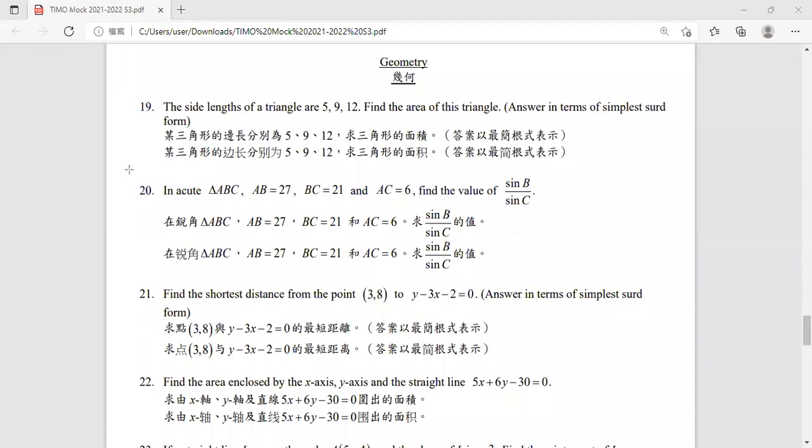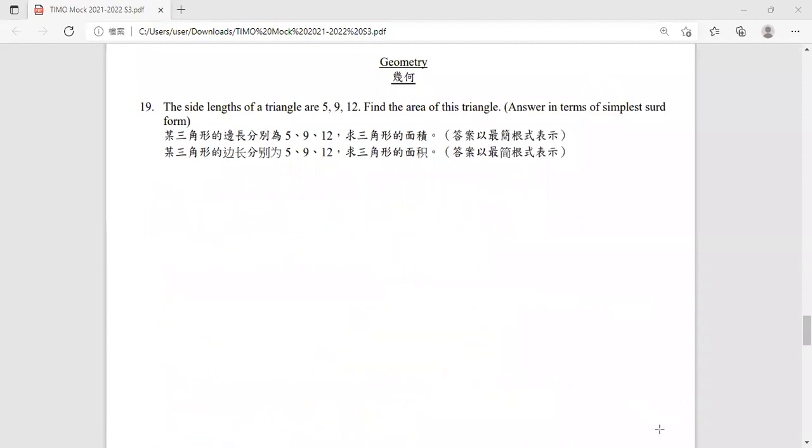Do you know? You use this formula, it's okay. Then I find s. h equal to 13, is it?